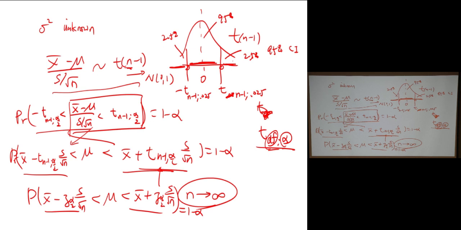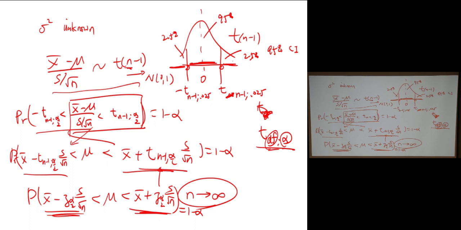Now, what happens if the population is not normal? What happens if the normal distribution assumption is not valid? Can I still use this formula?